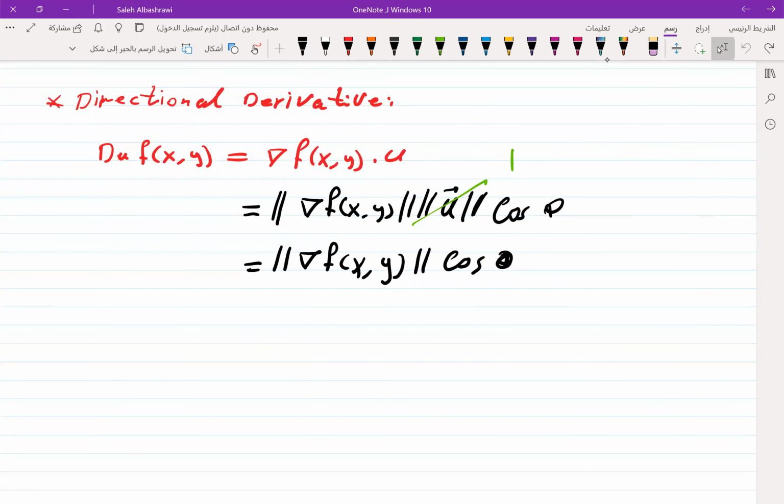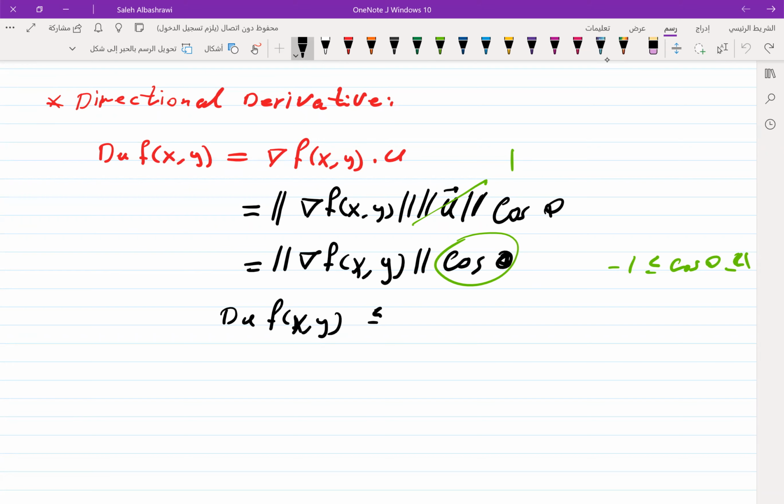But we know that cosine theta is between 1 and minus 1. It means the directional derivative D_u will be between the magnitude of the gradient of the function f of x, y, and minus the magnitude of the gradient.